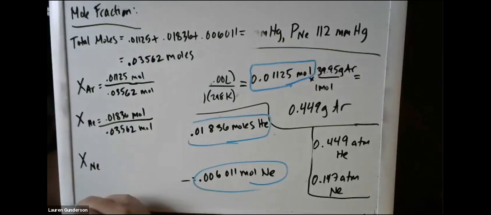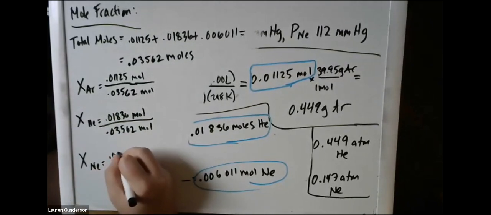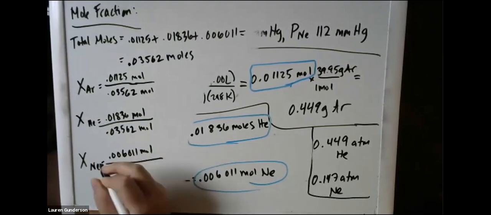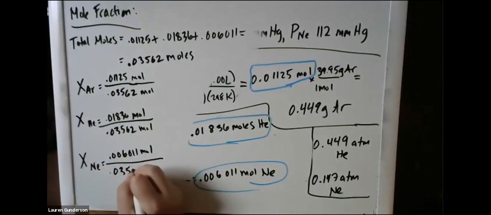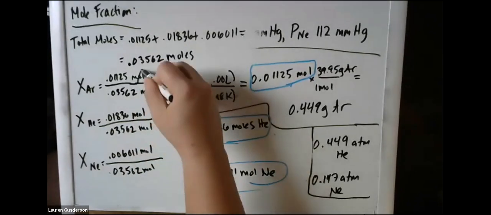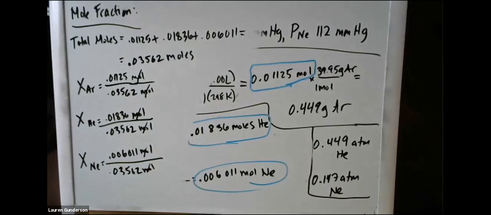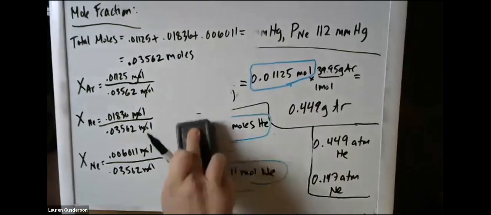And the mole fraction for neon will be 0.006011 divided by 0.03562. Okay, so you see how the units here all cancel out. So we're going to be left with just our simple ratios.